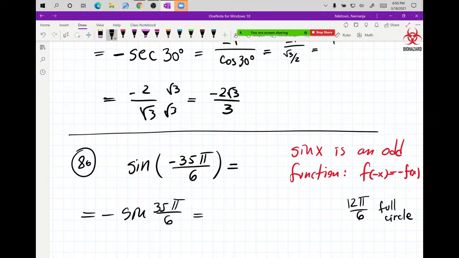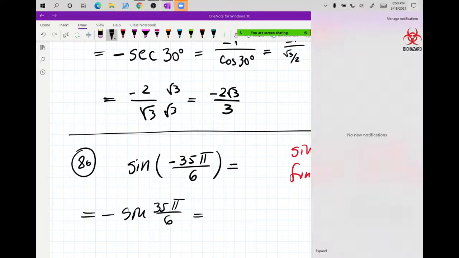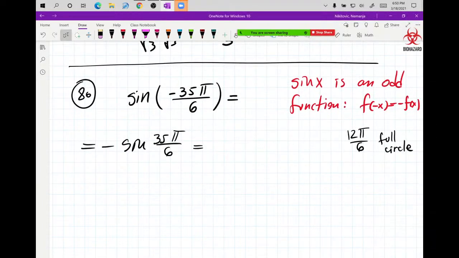So keep subtracting 12s. When you subtract the 12, you'll have negative sine of 23 pi over 6. Subtract another 12, you go down a full circle.